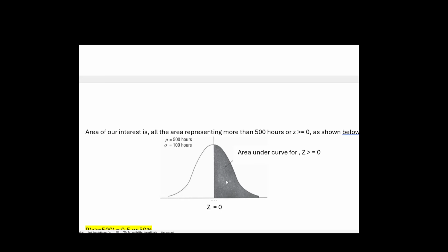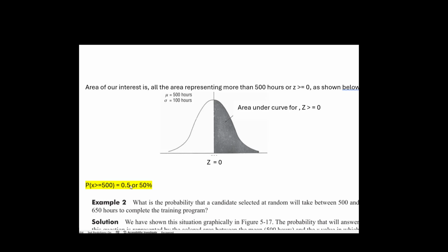We know that this area is 50%, and hence our answer is 0.5 or 50%. So the probability that a person selected at random requires more than 500 hours is 0.5.